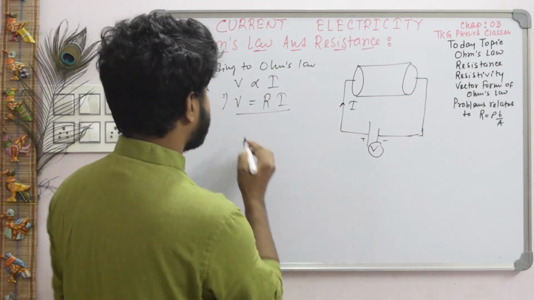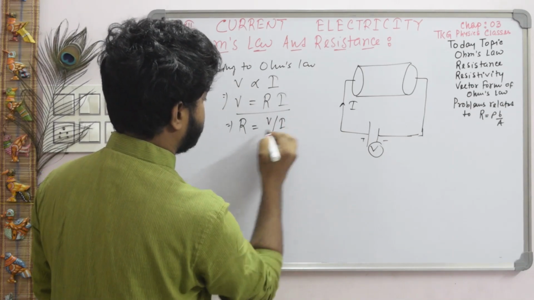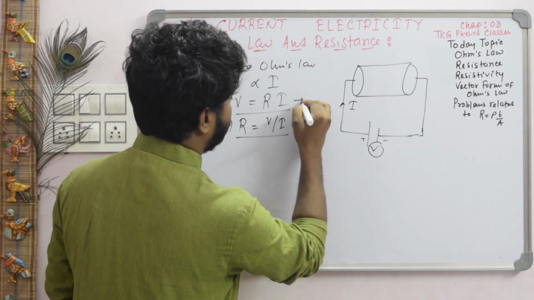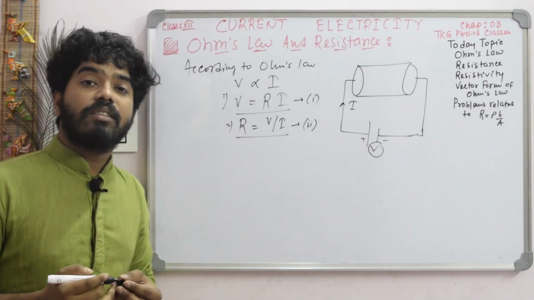So write it down first. Here R is equal to V by I. This is the mathematical form of Ohm's law, and this is the formula for resistance.